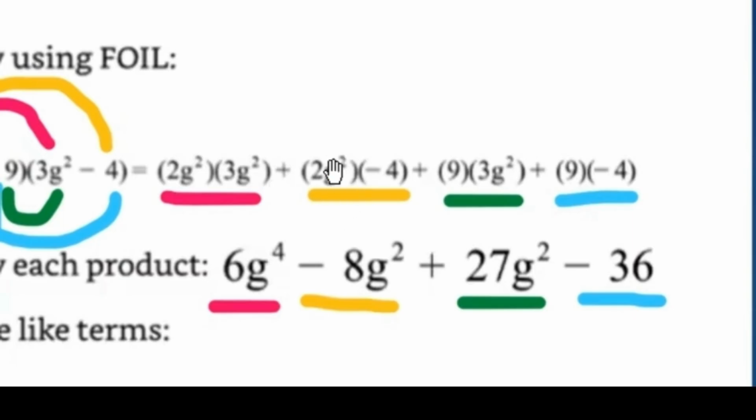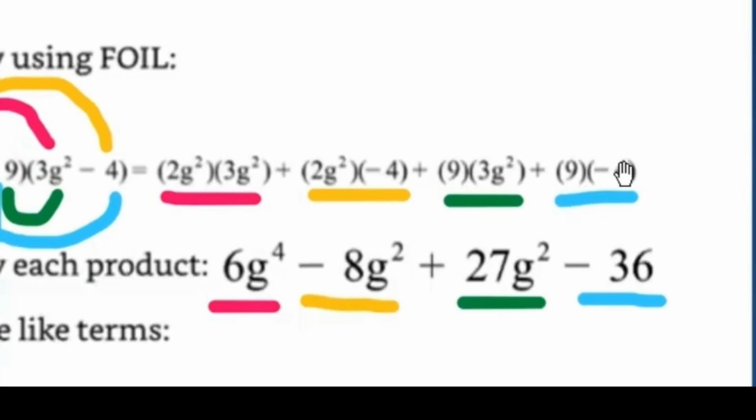And then obviously we're writing down g squared because the second term doesn't have a variable raised to a power that's similar to g. And so we're just going to write down g squared as it appears in this particular product. Then we move on to our next term. We know that 9 times 3 is 27. And again, g squared is a loner here, so you're just going to write down g squared next to 27.